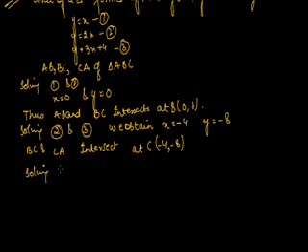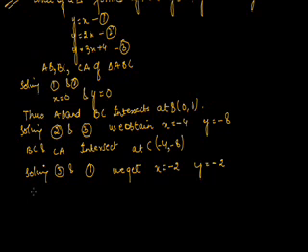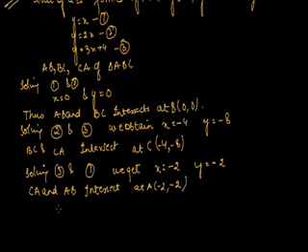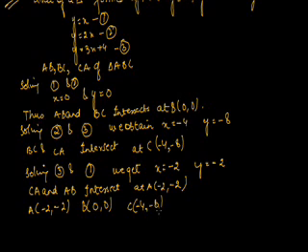Similarly, solving 3 and 1, we get x equals minus 2 and y equals minus 2. That is, CA and AB intersect at A (minus 2, minus 2). These are the vertices of triangle ABC: A (minus 2, minus 2), B (0, 0) and C (minus 4, minus 8).